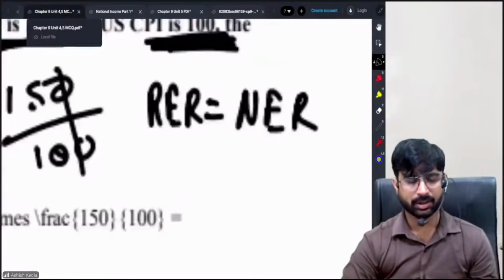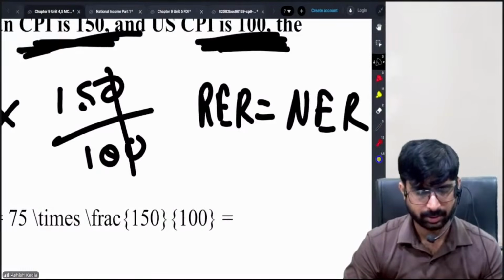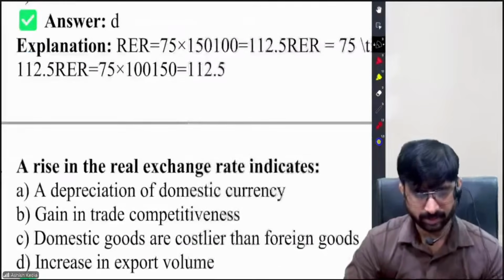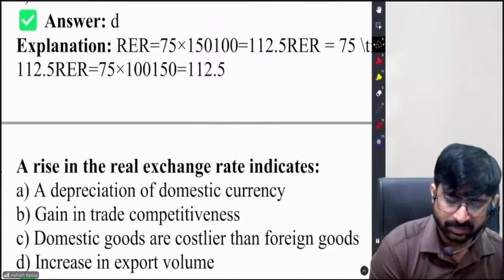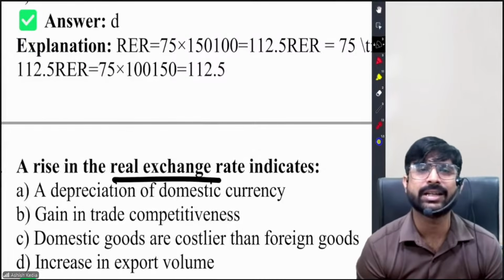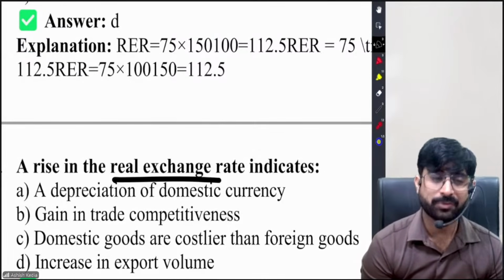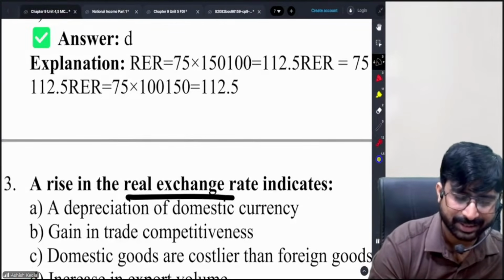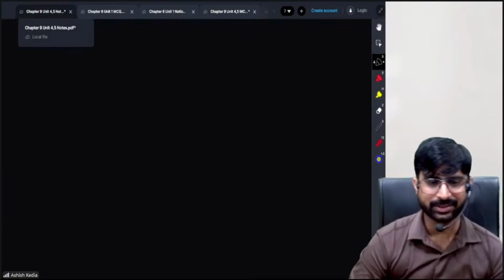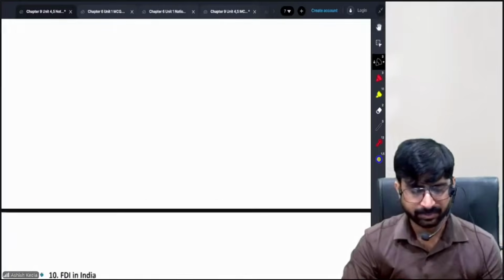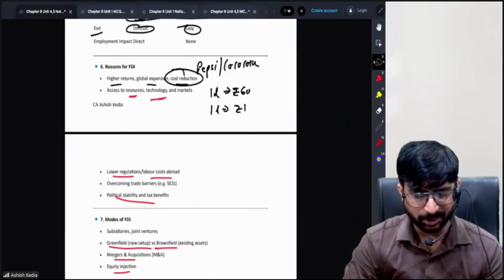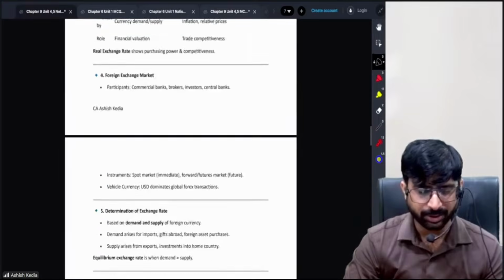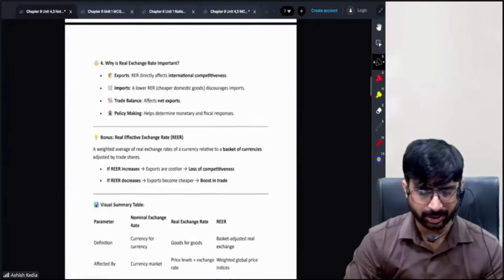Coming back to the discussion. Now, a rise in the real exchange rate indicates what? We have discussed it in great detail in the last class. I just want to show you the source so that every time we discuss, there is a revision going on.